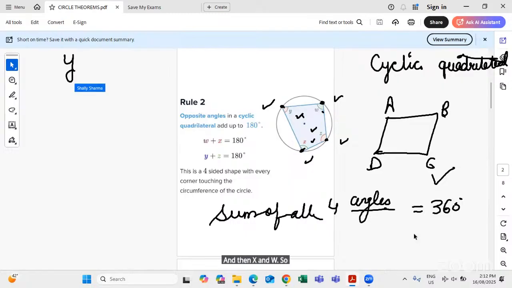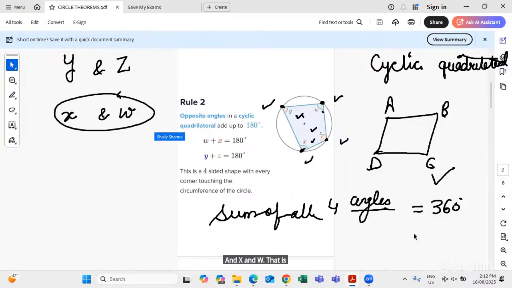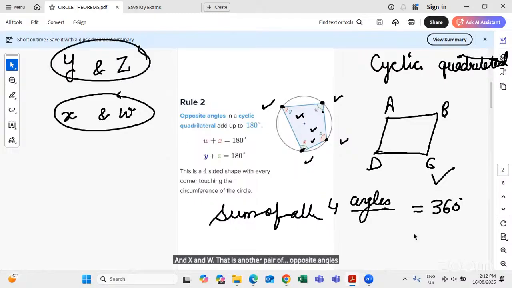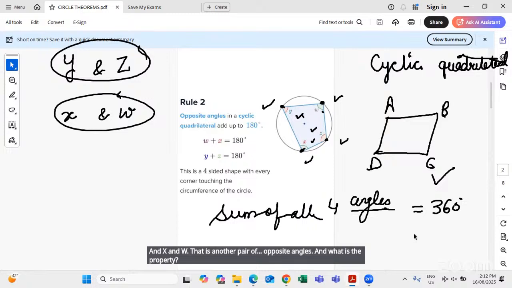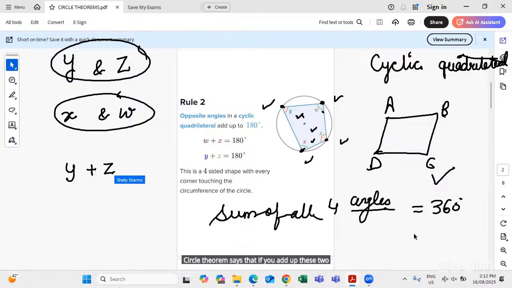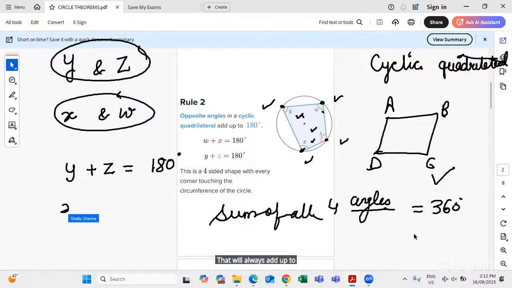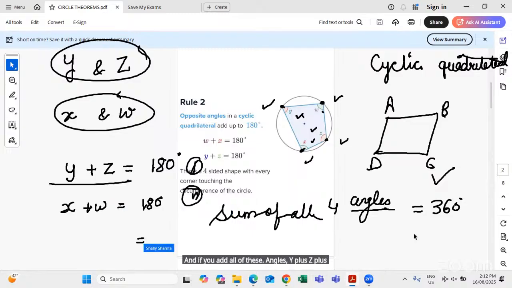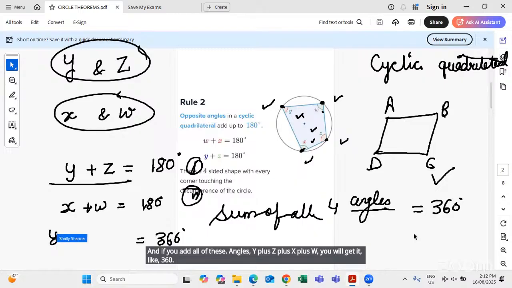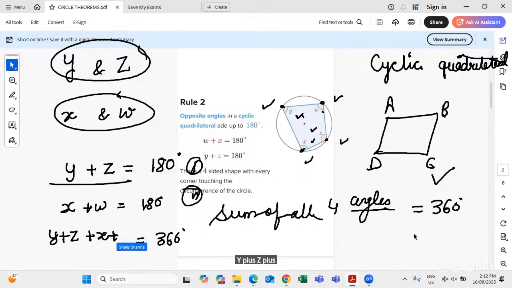So y and z are one pair of opposite angles, and x and w are another pair. And what is the property? The circle theorem says that the opposite angles in a cyclic quadrilateral always add up to 180 degrees. And if you add all of these angles, y plus z plus x plus w, you get 360. Clear? This is the second theorem.